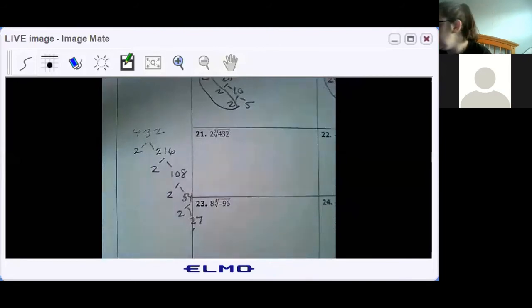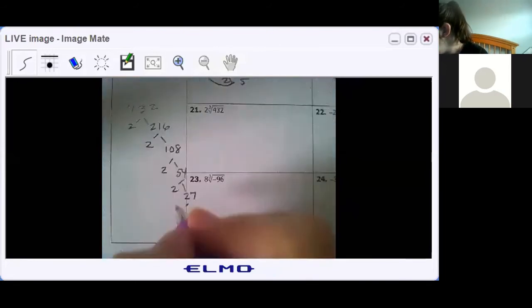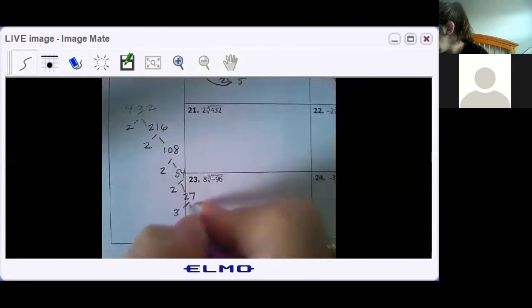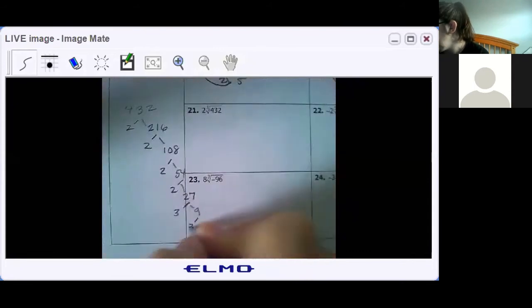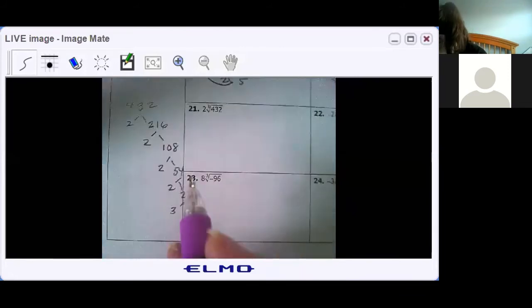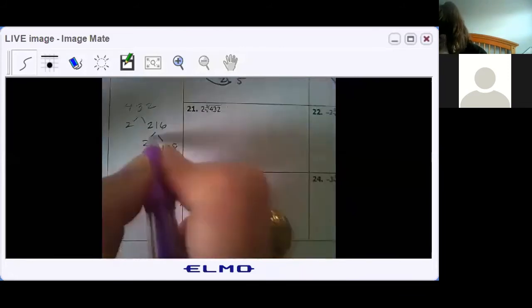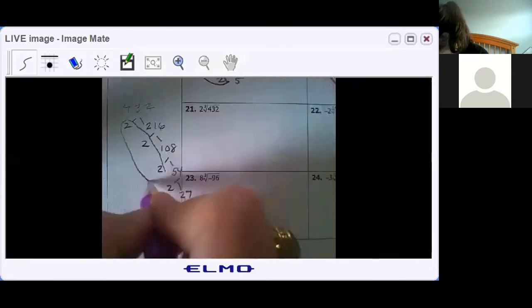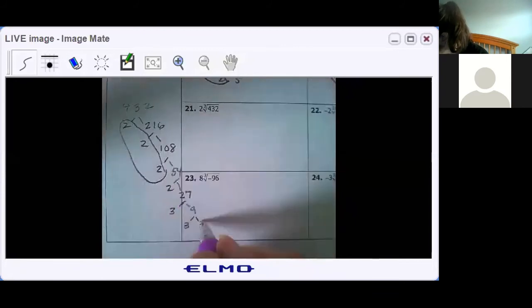Well, we happen to know that 27 is 3 times 9, and 9 is 3 times 3. So now let's look for groups of 3. Here's three 2's right here, and here's three 3's right here.